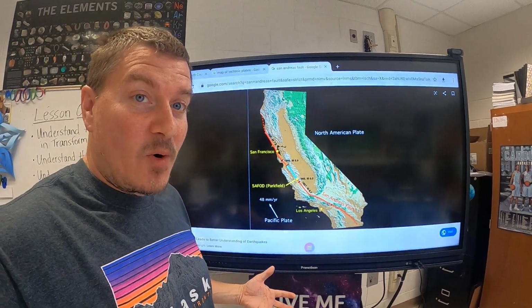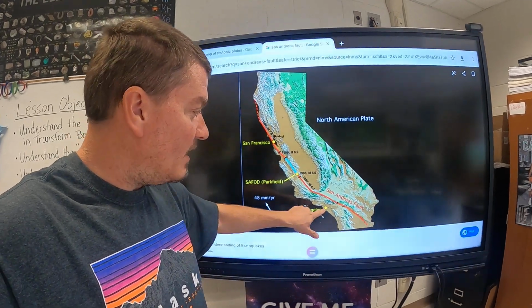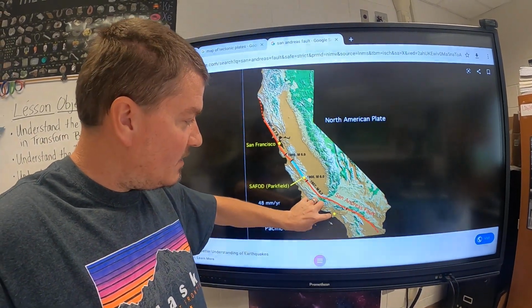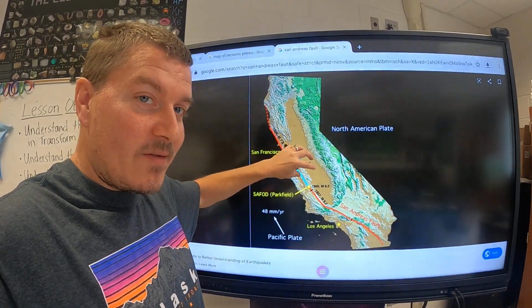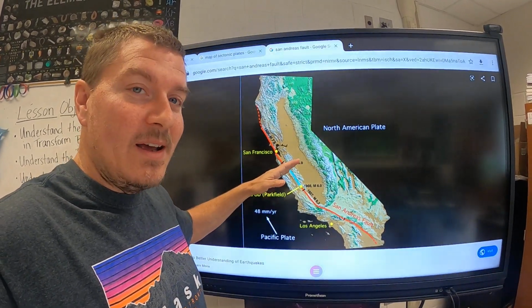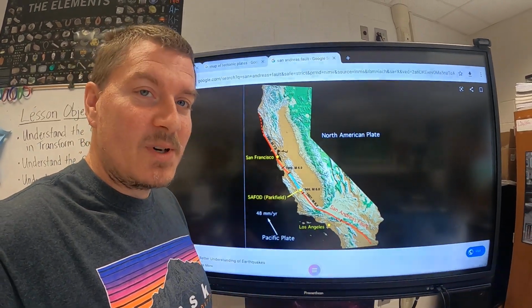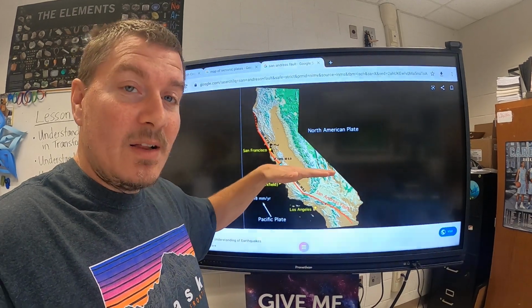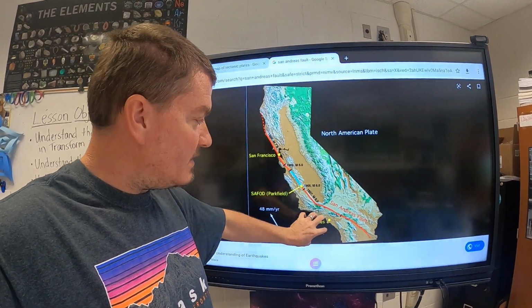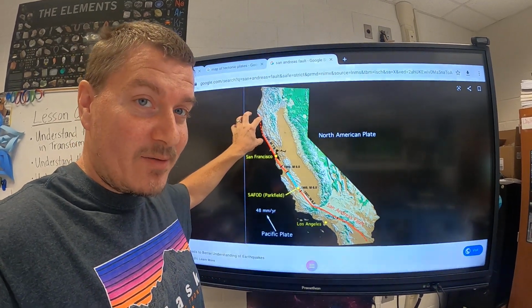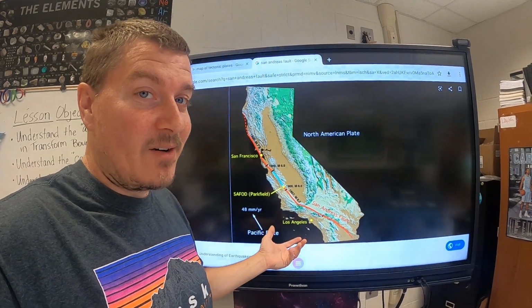If you fast forward in time, several thousands, possibly millions of years, Los Angeles is going to continue to move with the plate northward. San Francisco is going to slide further southward. At some point, those cities are going to meet side by side. There may be some distance between them, but they'd essentially be at the same latitude. Eventually, Los Angeles is going to become a city of Northern California, and San Francisco would become a city of Southern California.